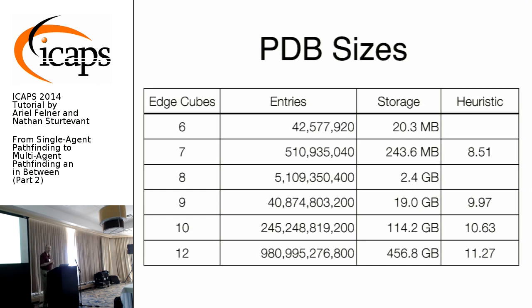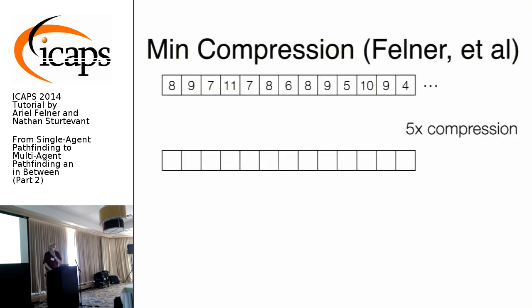So the question is, now that we can create this really large data, how should I actually be using this in my search to speed up my search? The approach that exists, and actually Rob and Felner, Ariel were both on this paper, is called min compression.